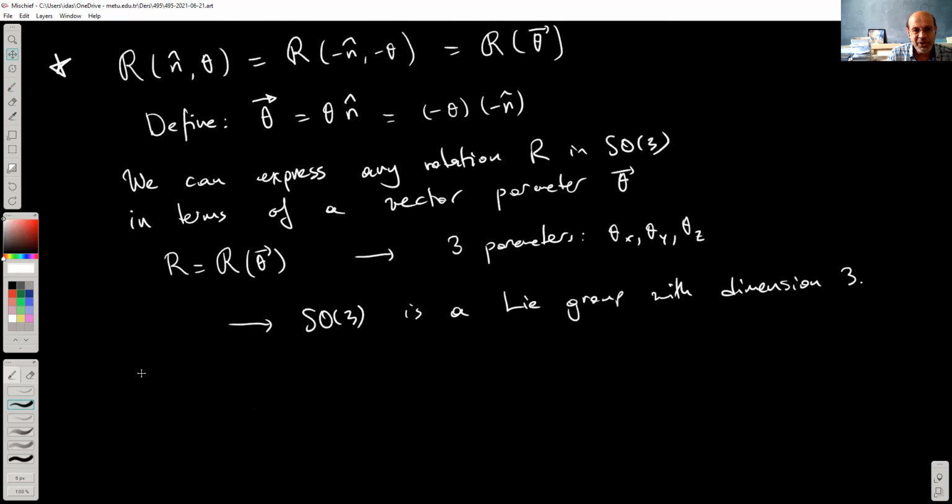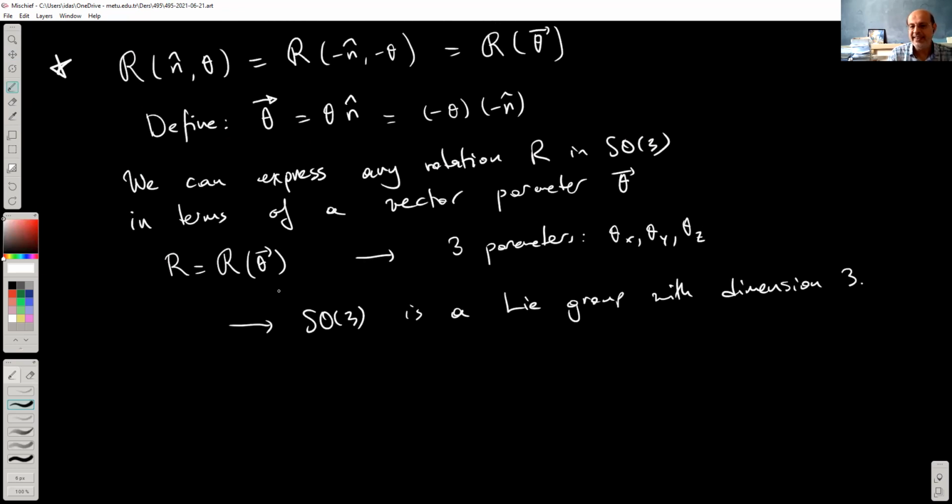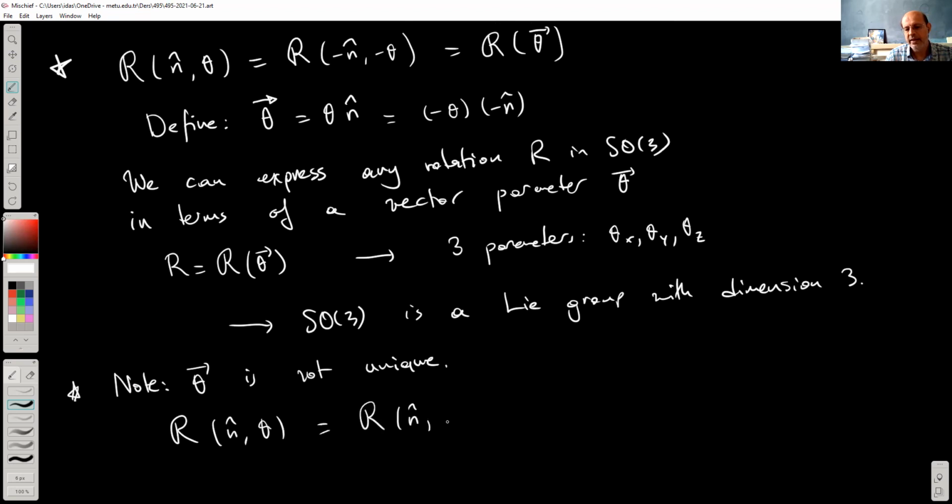All right, so unfortunately, this theta is not unique. Note, theta is not unique. Why? Because a rotation by angle theta is the same thing as a rotation by angle theta plus 2 pi, and so therefore it's a rotation by angle theta plus 4 pi and so on.